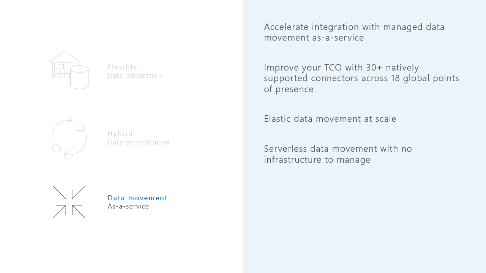Data movement as a service. So it also accelerates integration and manages data movement as a service. You can also do elastic data movement at scale. So we have, for example, customers who are integrating or getting data from more than 30 different sources. For example, I have one customer that does that across the cloud and then stores it in a single Azure SQL Data Warehouse.